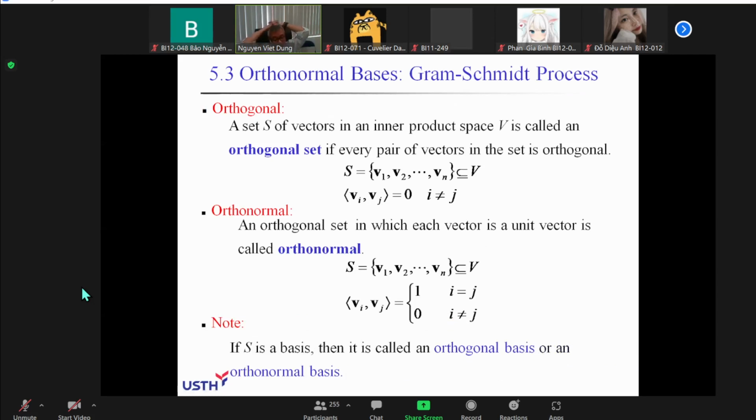The last one of this slide. In case S is a basis, if at the same time S is an orthogonal system, then S will be called an orthogonal basis. And if S is an orthonormal system at the same time, then S will be called an orthonormal basis.